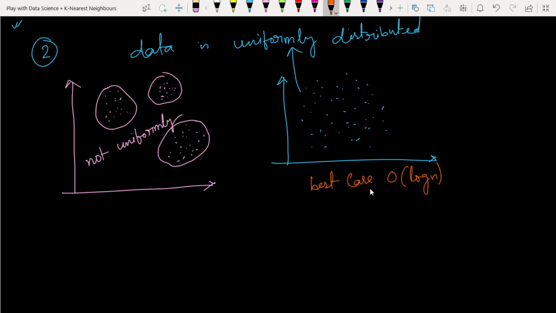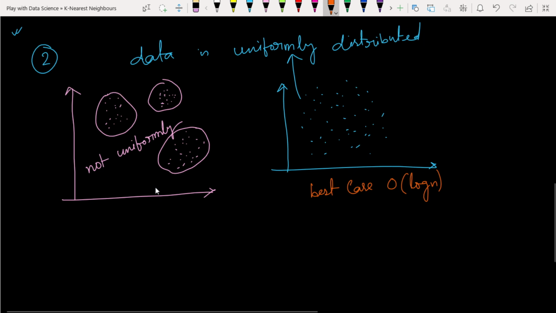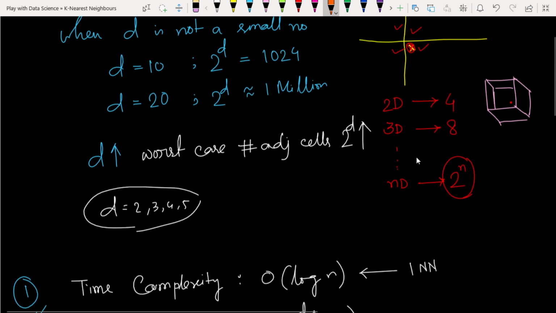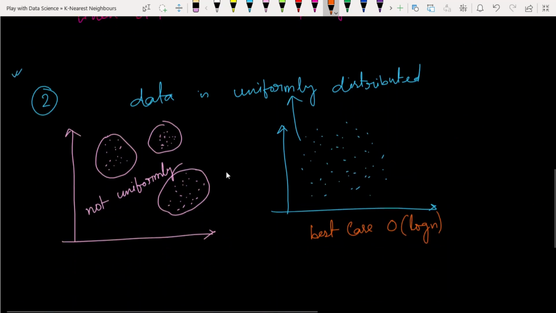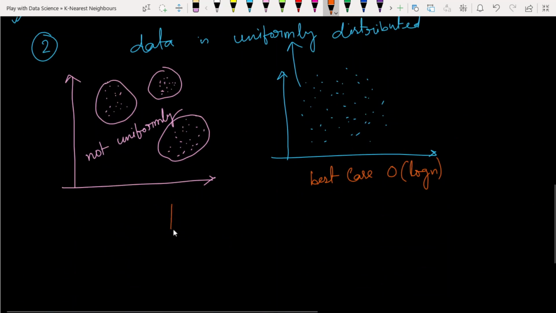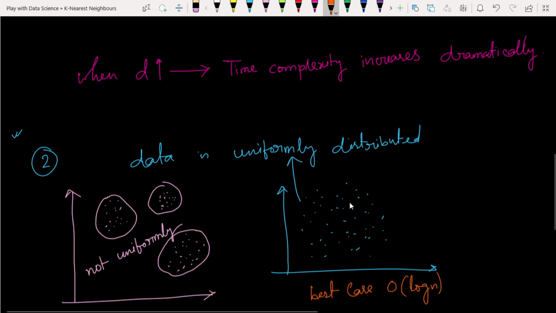We have seen this thing, but in real-world data, this kind of situation only occurs if our data is not uniformly distributed. So in such situations we have to make these kinds of worst-case comparisons, and in such a scenario our time complexity increases to approximately order of n.